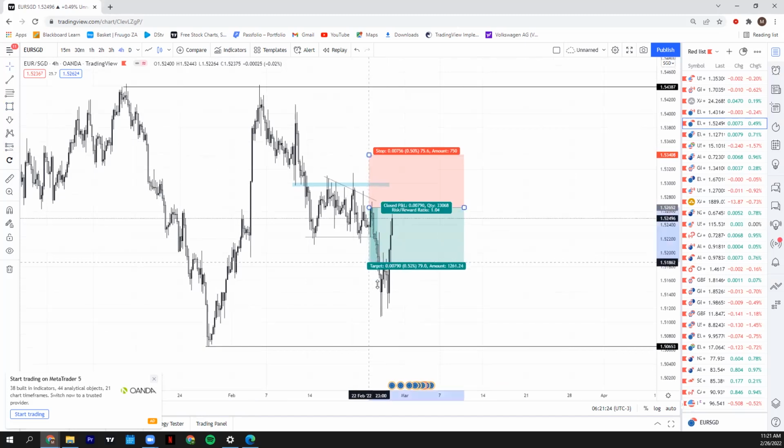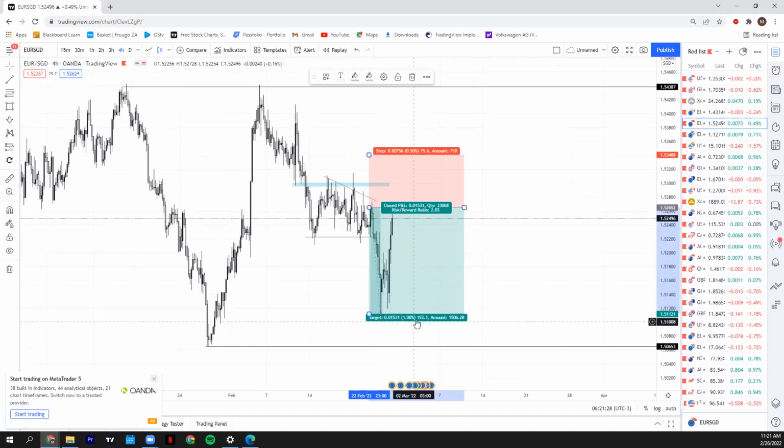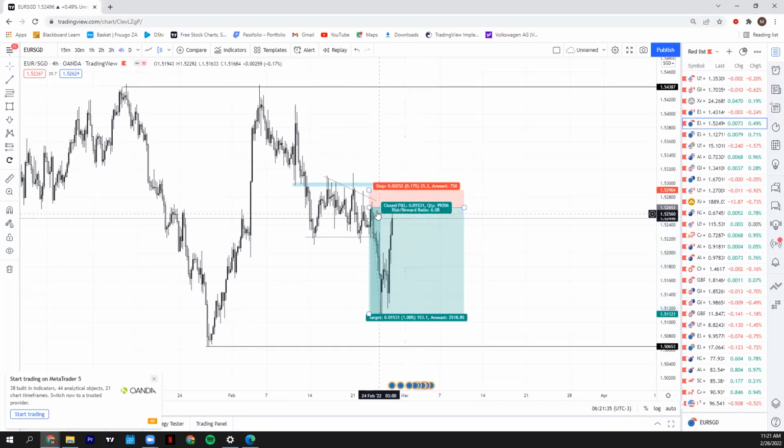So let me just see how much it moved in terms of this pattern. Same thing, just over 1%. And you can see my stop loss was not compromised in any way. It just turned because I used the third touch, right?